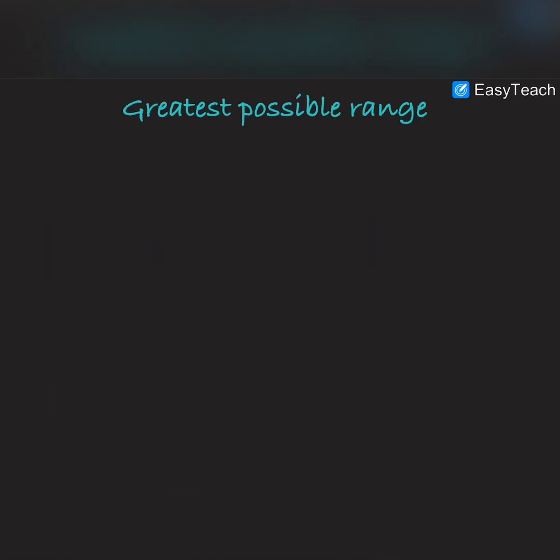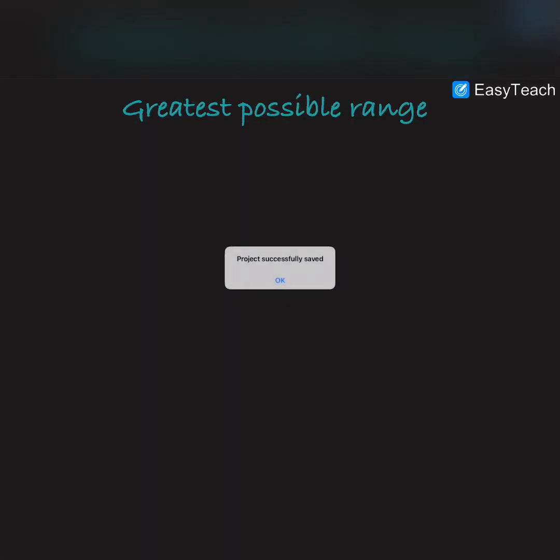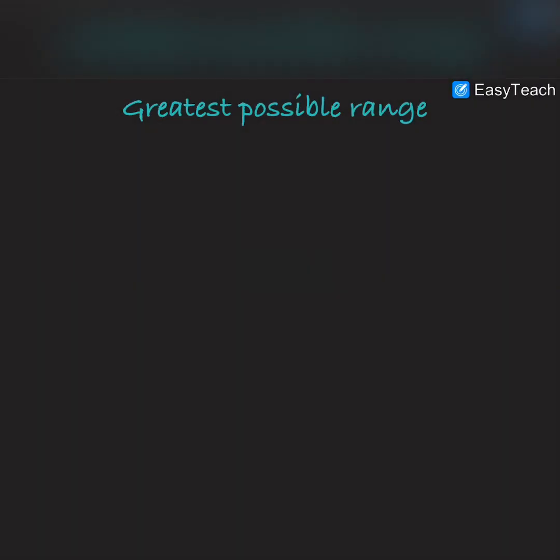Now let us discuss the case in which we have to find out the greatest possible range. So we need to find out at what angle we should throw the projectile so that its range is greatest.